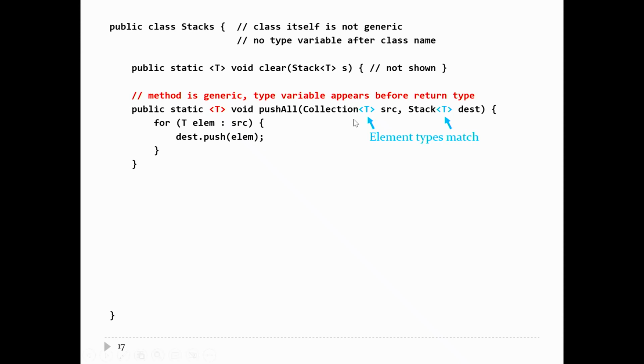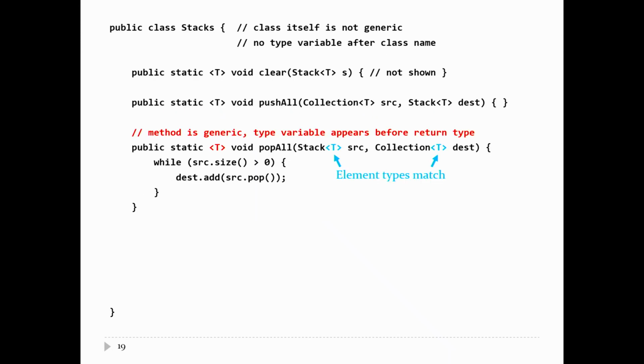Any kind of collection works, and I can push those elements onto a stack. I don't need to write a separate method for lists, for sets, for array lists, and so on and so forth. Any old collection will do. This all works because of polymorphism and substitutability in Java.